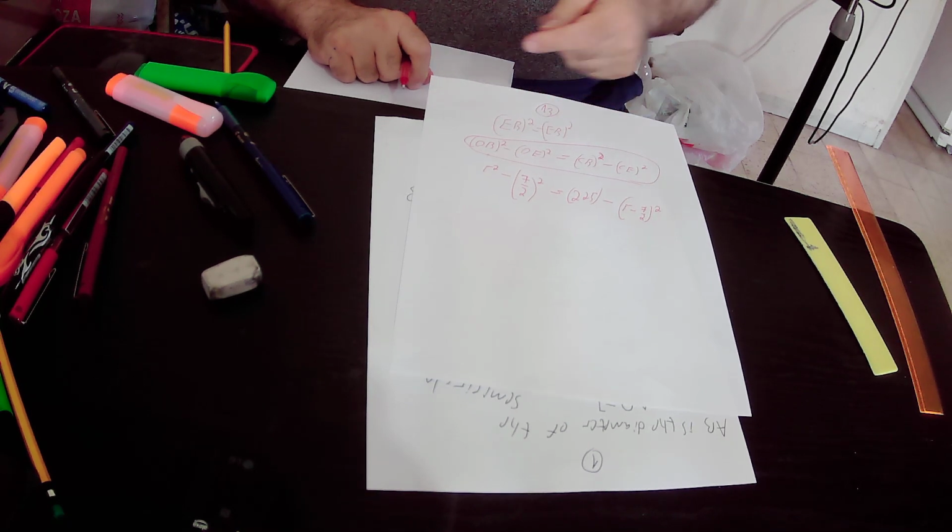So we write down that 7 over 2 squared is 49 over 4.